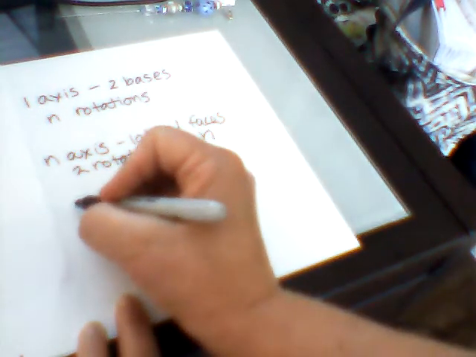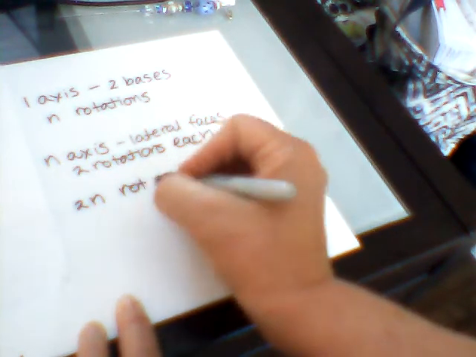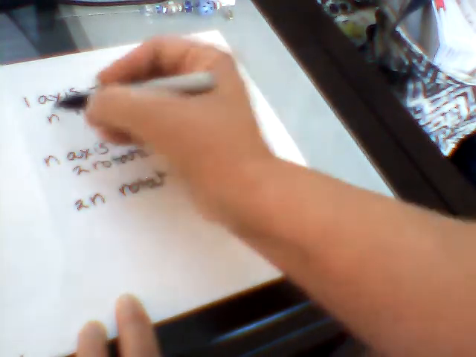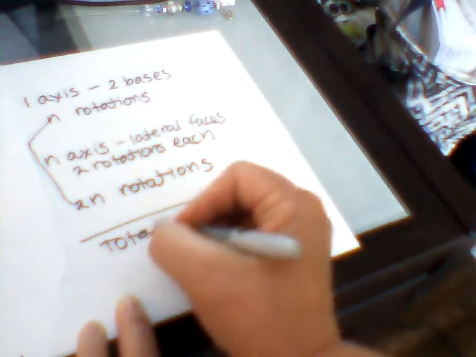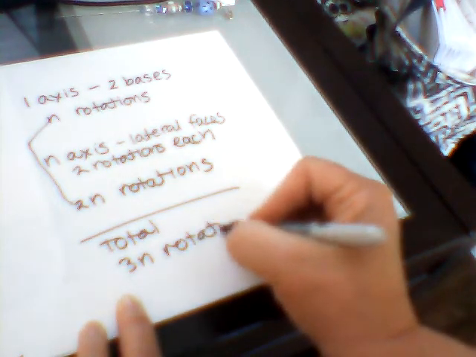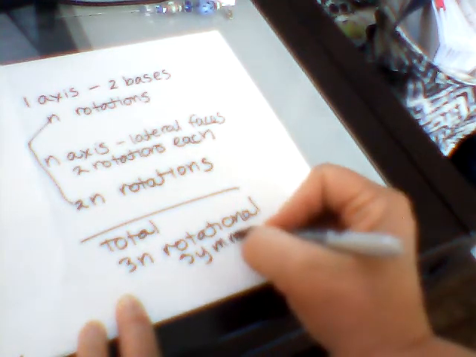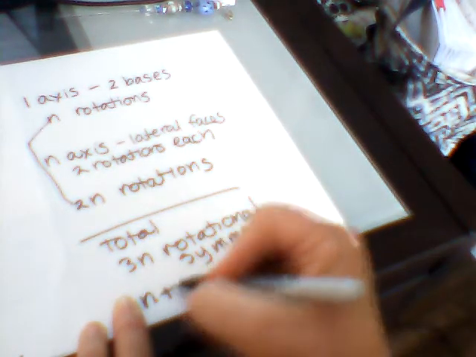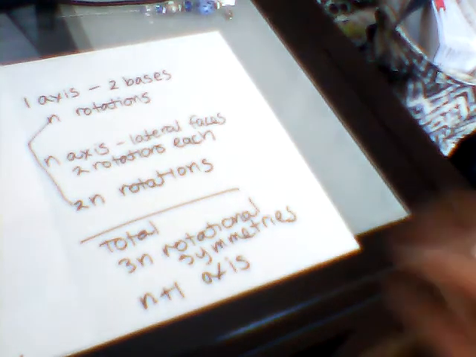And that gives us a total of 2n rotational symmetries. So together we get a total of 3n rotational symmetries, and we have a total of n plus 1 axes of symmetry.